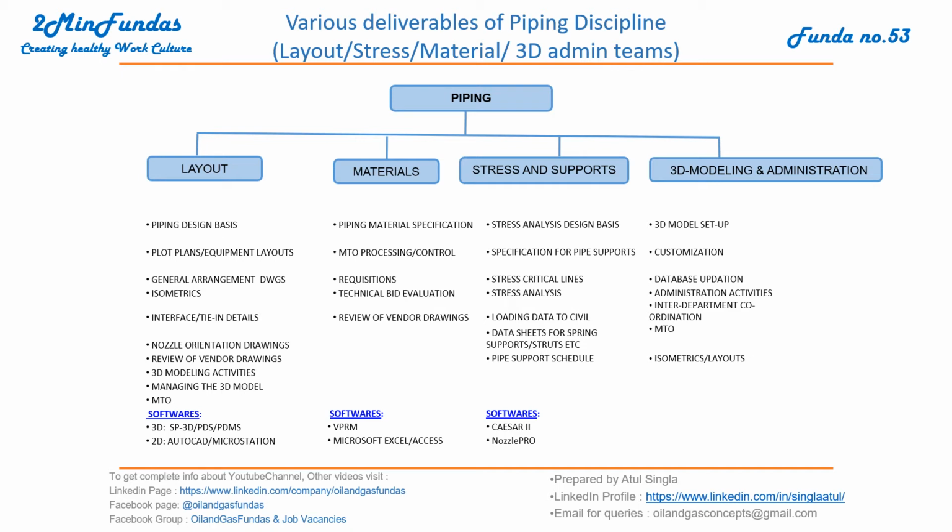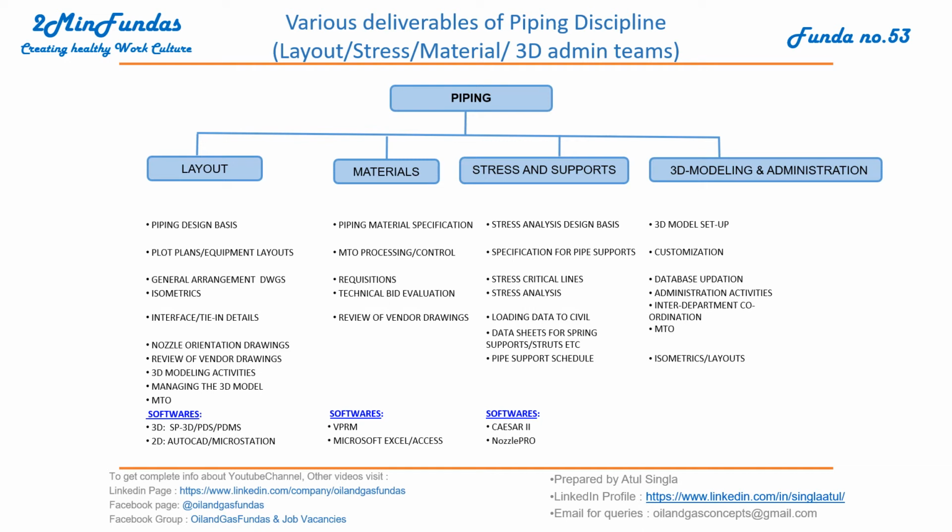Loading data to civil is a major task the stress team has to perform; they provide input to the civil department. Loading information, data sheets for spring supports, struts, etc. have to be prepared by the stress team. Pipe support schedule. So these are the major deliverables which the stress team has to deliver, and they are using Caesar and Nozzle Pro type of software.